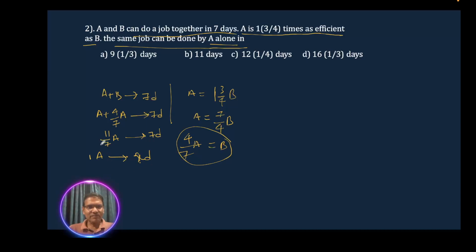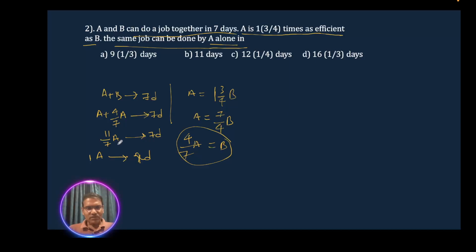Similarly, 11 by 7 divided by 1. More persons are required, fewer days to complete the same work, right? So that is the inverse proportionality condition. That means we take the product of these two equal to the product of these two, or this one divided by this one equal to this one divided by this one. Any method you can follow.